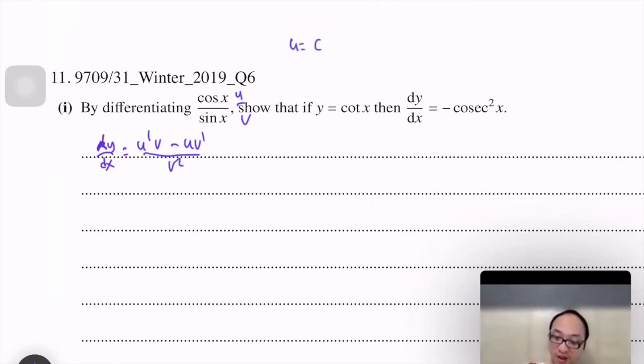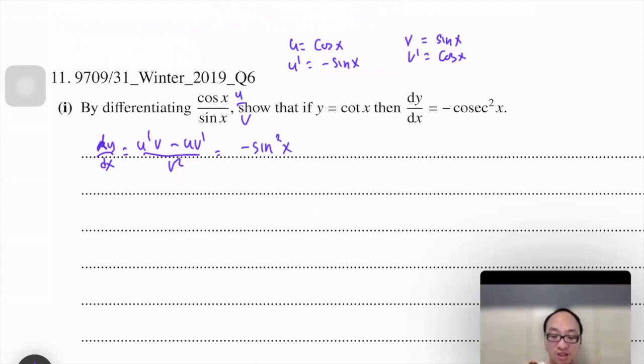u prime v minus u v prime over v squared. u is cos x, u prime is negative sin x, v is sin x, v prime is cos x. So put into the formula, u prime v, negative sin x times sin x becomes sin square x, minus u v prime.